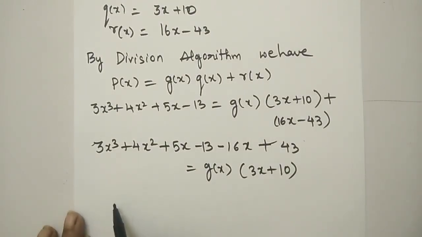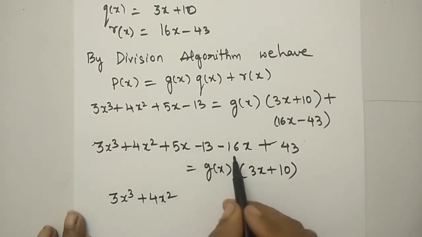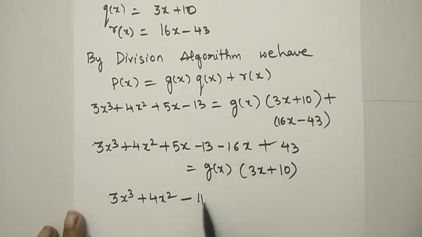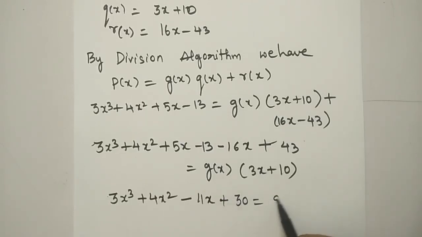We will get 3x cube plus 4x square. Here it is nothing but 5x minus 16, it is nothing but minus 11x, minus 13 plus 43 is nothing but plus 30, is equal to G of x into 3x plus 10.